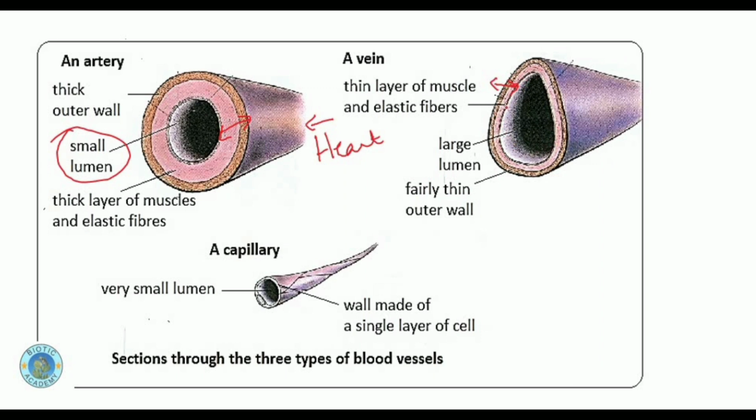So how does the blood flow in these veins if there is no pumping organ at the other end of the vein? The blood flows through the vein by the force of the body's skeletal muscles.